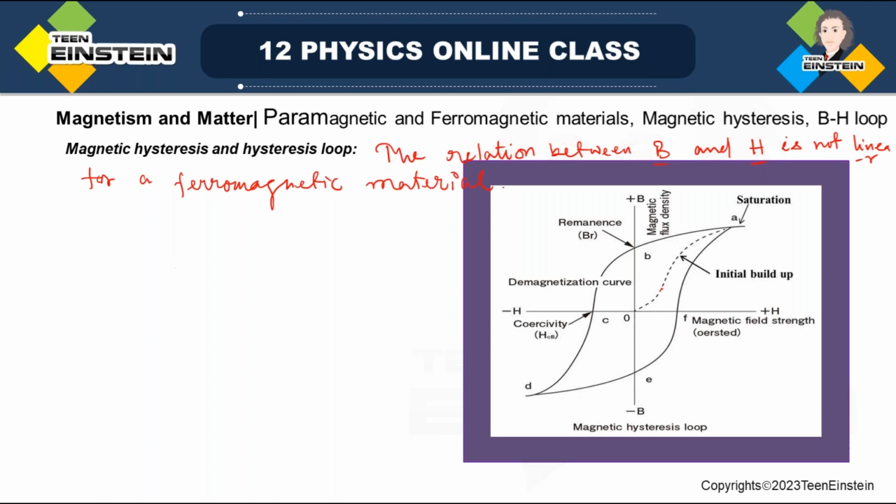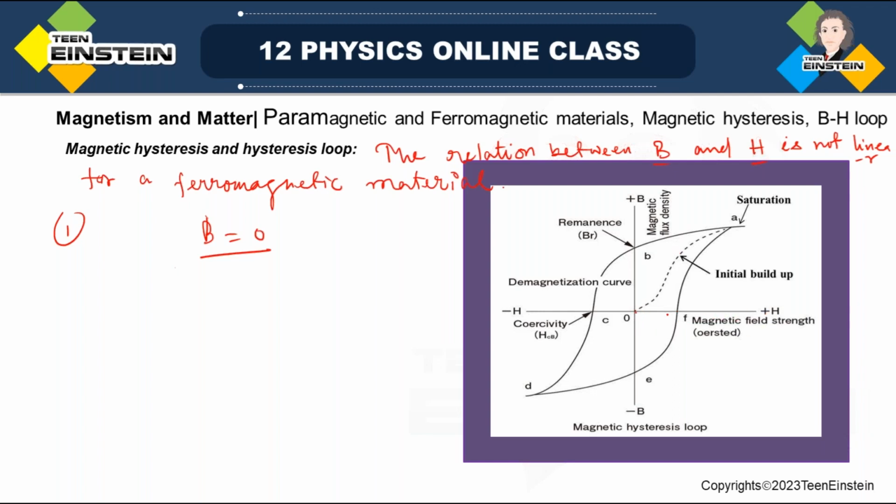You learn this in higher standard, when you do this BH loop experiment in graduation. So suppose the magnetic material was initially demagnetized. That means there was no magnetic field, no magnetic induction initially, at this point O. Now the external field is applied.